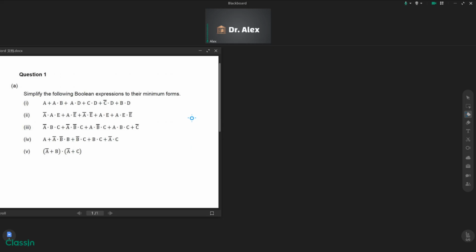And today we will solve a problem about the digital circuit. As we all know, the digital circuit mainly has two sections. First one is combinational circuit. The second one is about the sequential logic.